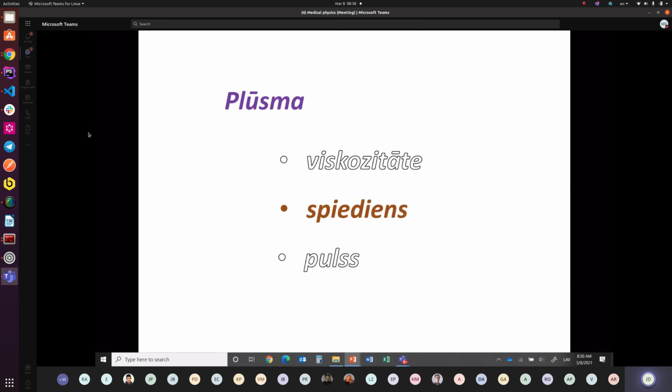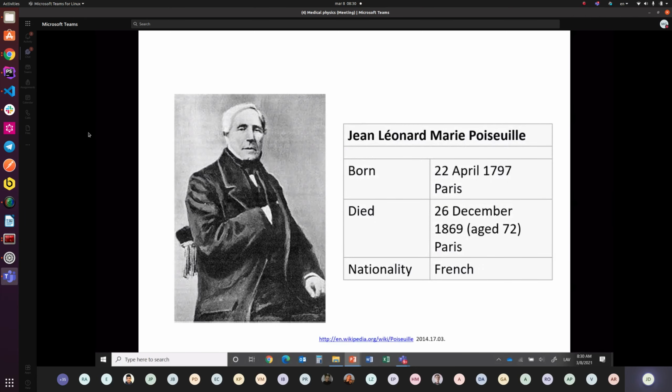Now we go to speak about the pressure within the flow. Here we need to mention the name Poiseuille from France. He spent a lot of time to understand the connection between pressure and velocity of the flow.